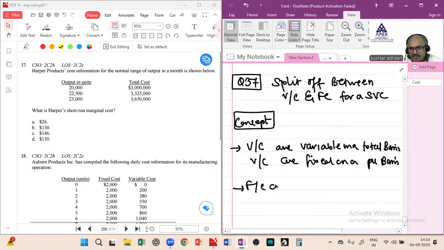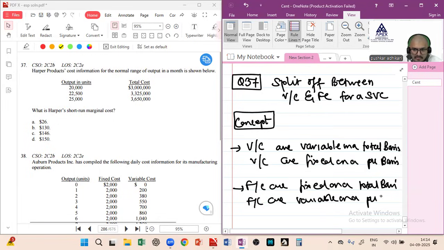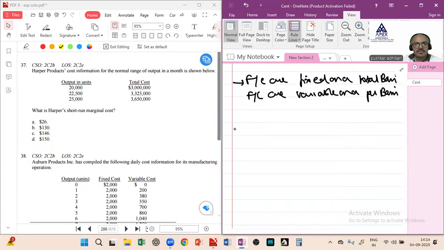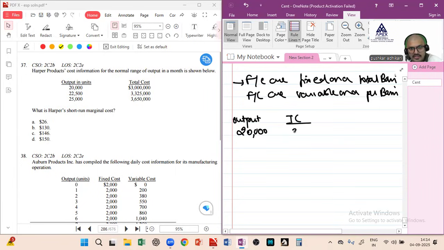Second, I know that fixed costs are fixed on what basis? On a total basis, but fixed costs are variable on a per unit basis. Now, let us try to see. My output is 20,000 and my total cost is equal to 30 lakhs. What is my output per unit?